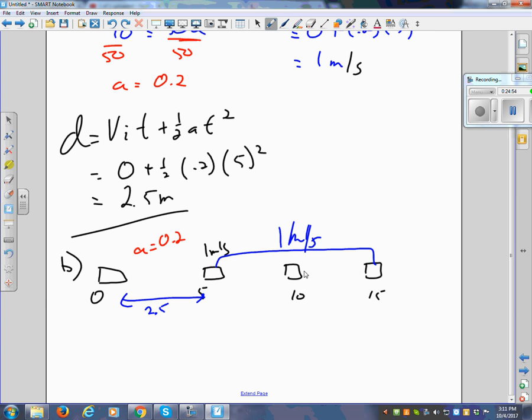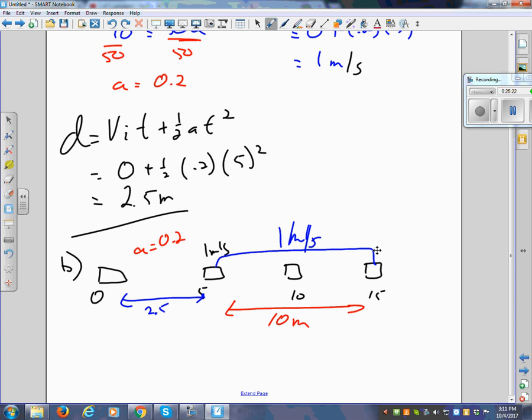So 1 meter per second for 10 seconds, so this distance here is going to be 10 meters, right? And then do you add just another 2.5? No, because this 2.5 is based on the fact that the initial velocity is 0.